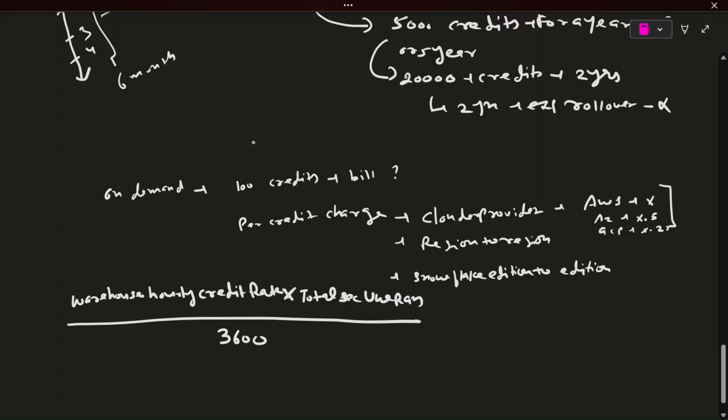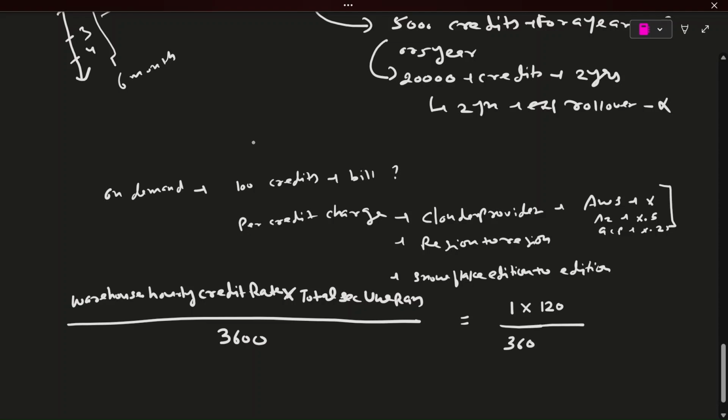So let's think I took a small virtual warehouse, right? Then for a small virtual warehouse, my credit consumption is 1 credit per hour. Let's say I ran it for 120 seconds. Got it? 120 seconds divided by 3600.